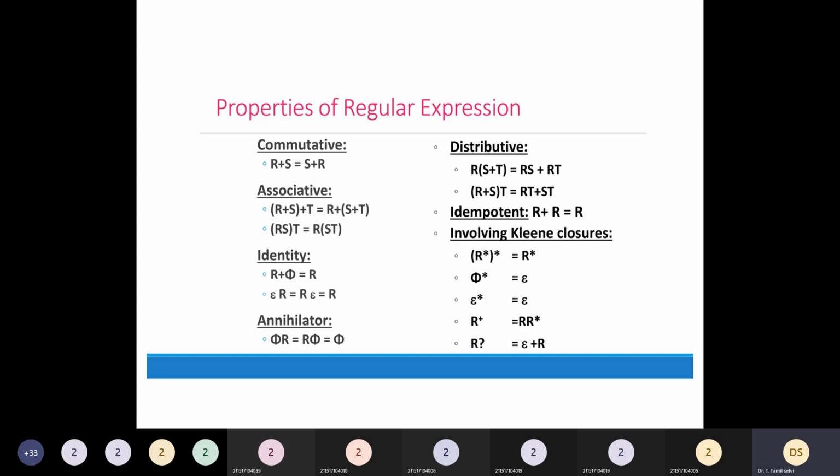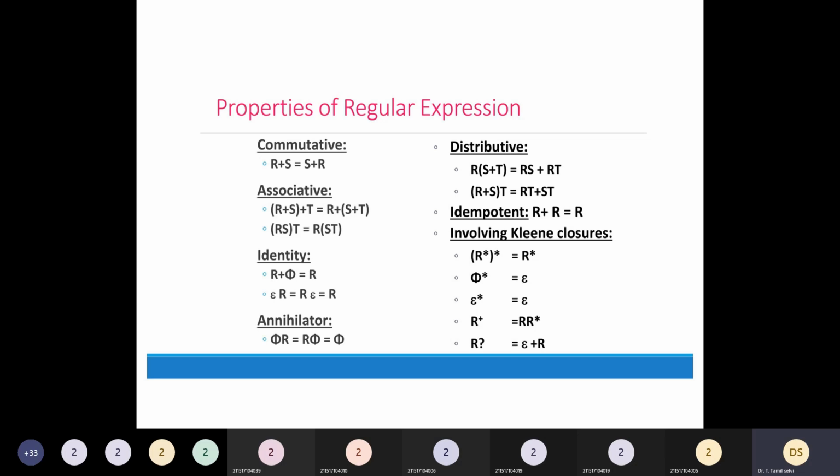Okay, and now coming to the properties of the regular expression. The first property is commutative, that is R plus S is equivalent to S plus R. The second one is associative, that is R plus S plus T equal to R plus S plus T, with grouping either way.